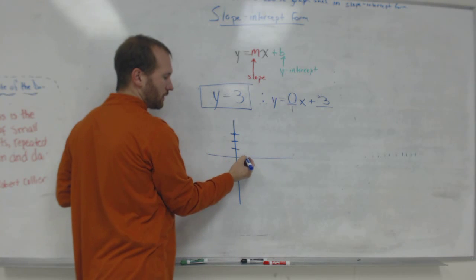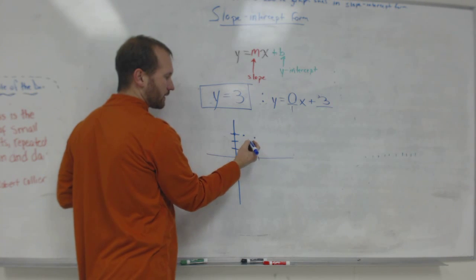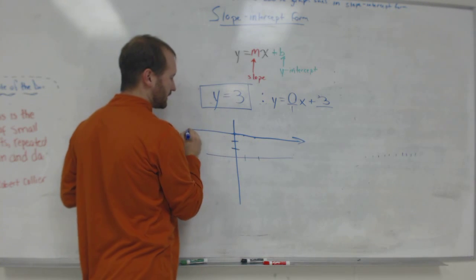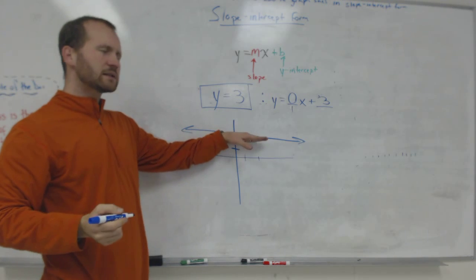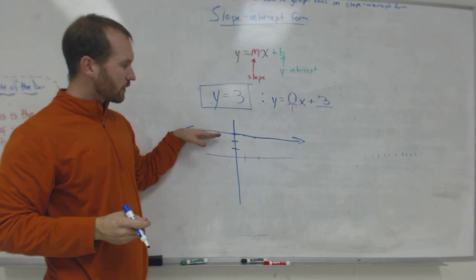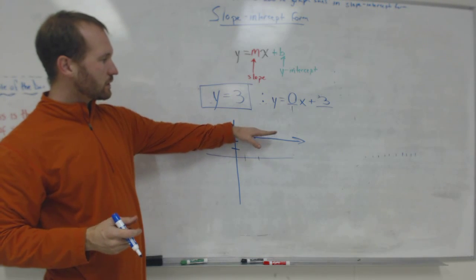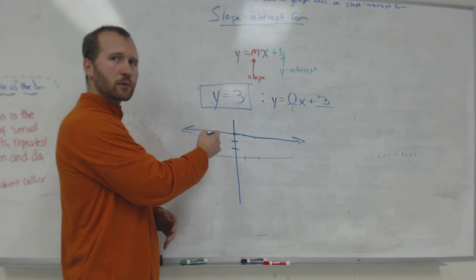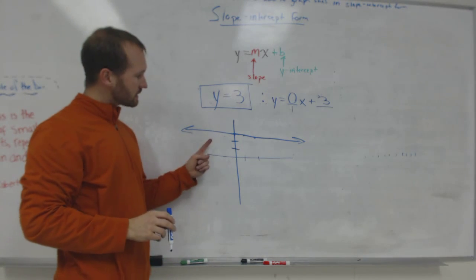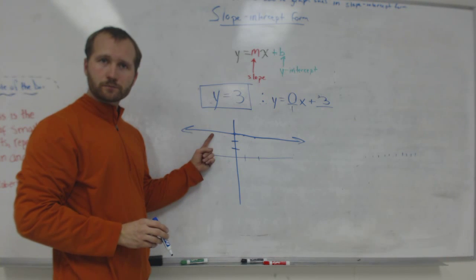Up 0 over 1, up 0 over 1, etc. This is called a horizontal line because it looks like the horizon. If I had drawn it perfectly straight, we would see it never wavers up or down. It just goes horizontally forever. This line is y equals 3.